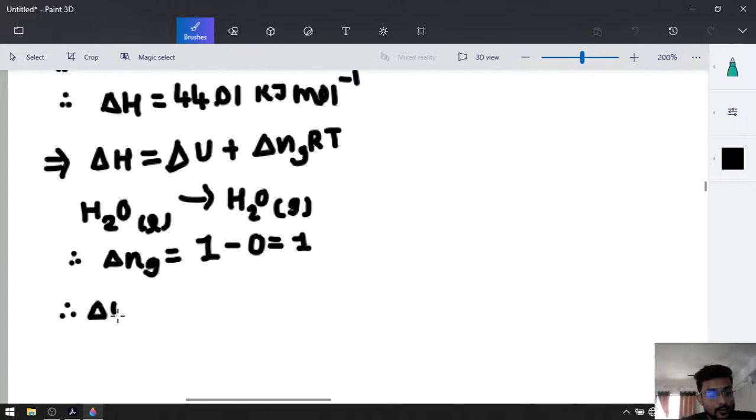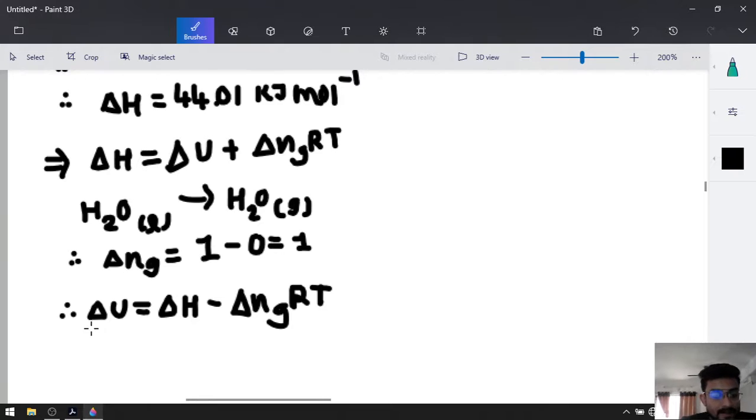So delta U is equal to delta H minus delta Ng RT. What I have done is simply rearranged the term that I want to find. I want to find delta U, that's why I have modified the equation. Delta Ng RT comes over to this side, so delta U equals delta H minus delta Ng RT.